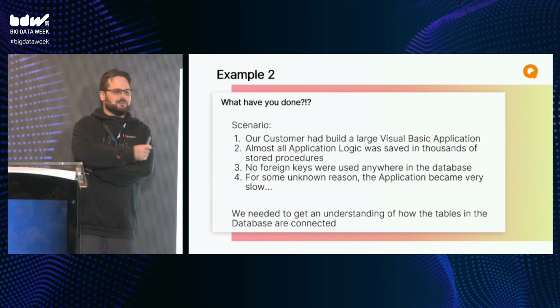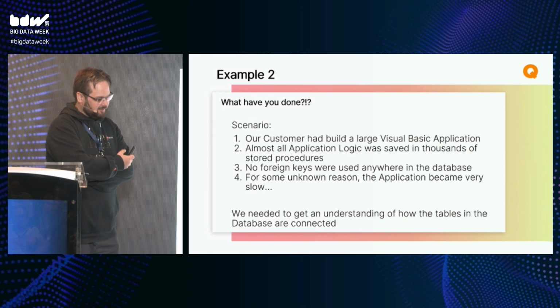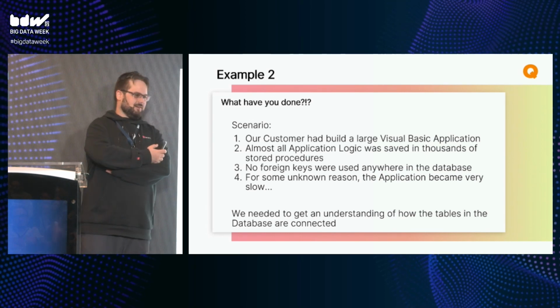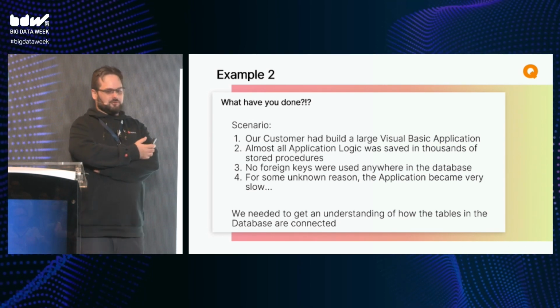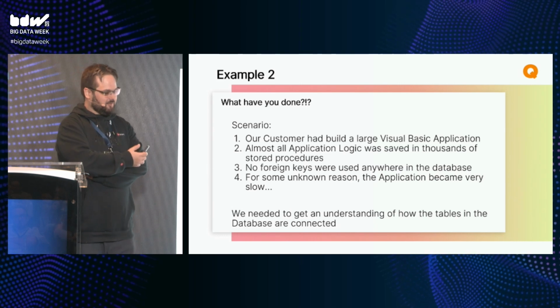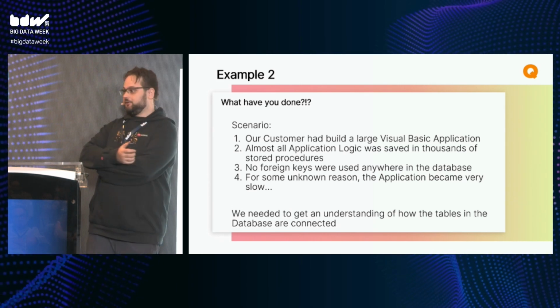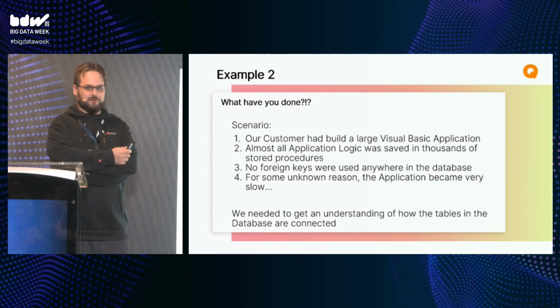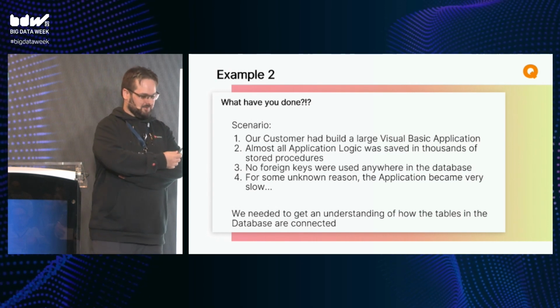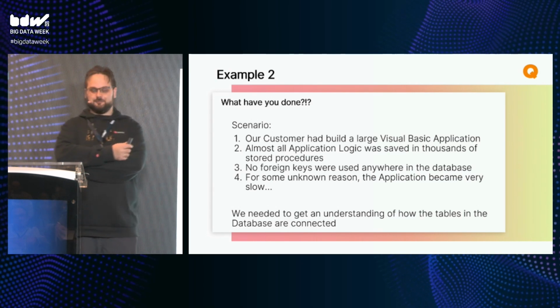And let's also say this customer didn't use any foreign keys anywhere in the database and created views for everything. And now they figure out, well, for some unknown reason, this application is now very, very slow to use, and that's the problem. You get asked, well, can you fix that?